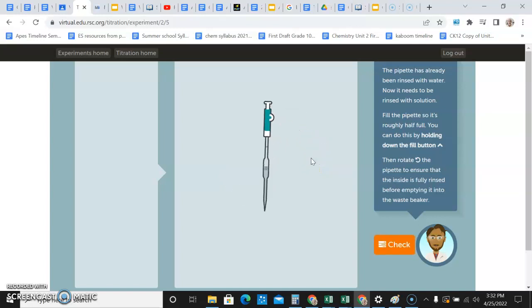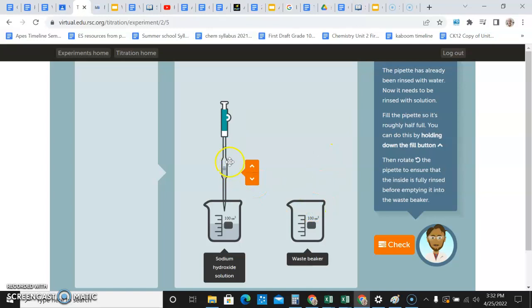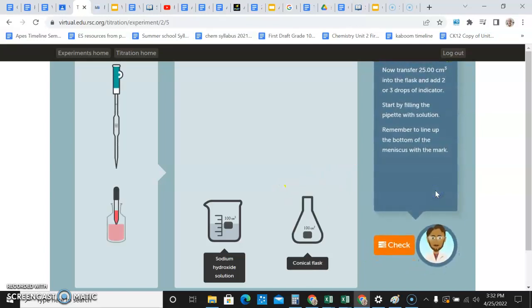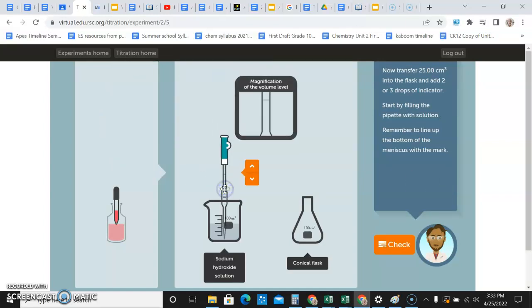Okay. So, and then we can dump it into the waste. We're just washing it to make sure that we're very precise about the amount that we have, that it's not been contaminated. Okay. And now the next thing, we want to measure a known amount. So they're telling us it's this pipette here, right?